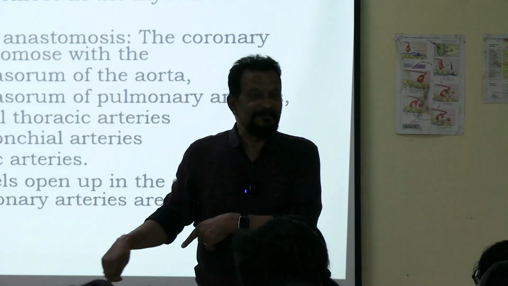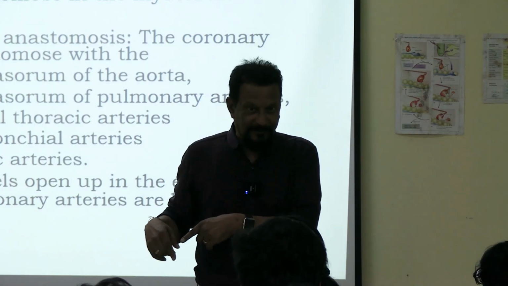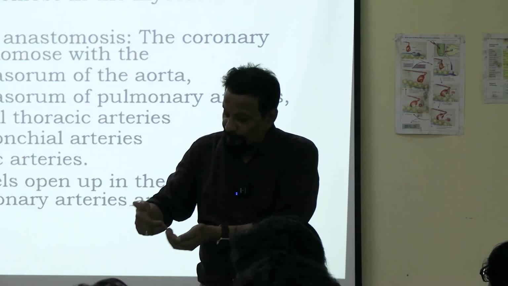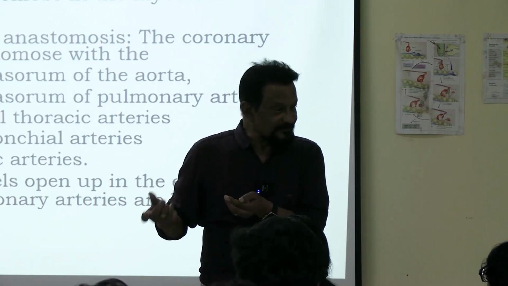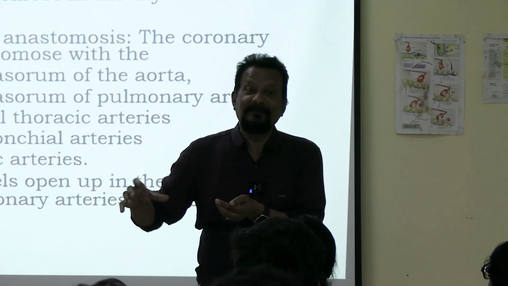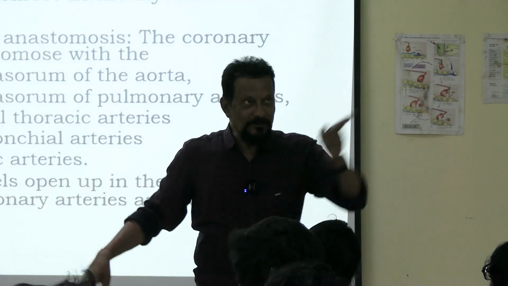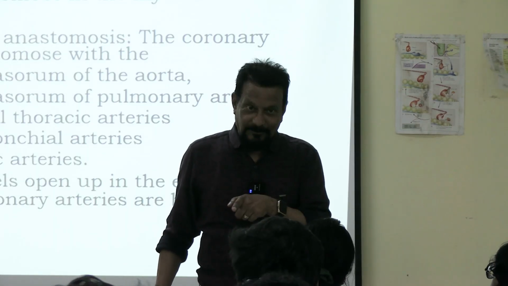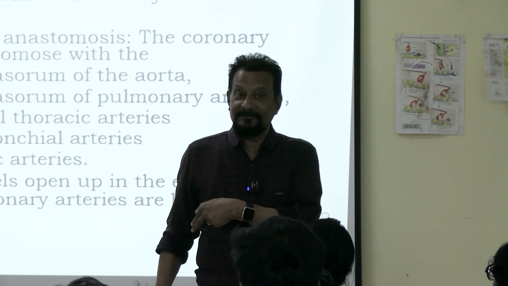So it ends in capillaries through the formation of capillaries. Then from these capillaries, the venous end of the capillaries will be formed, then venules will be formed, then veins will be formed. So end arteries means artery, arteriole, and capillaries.